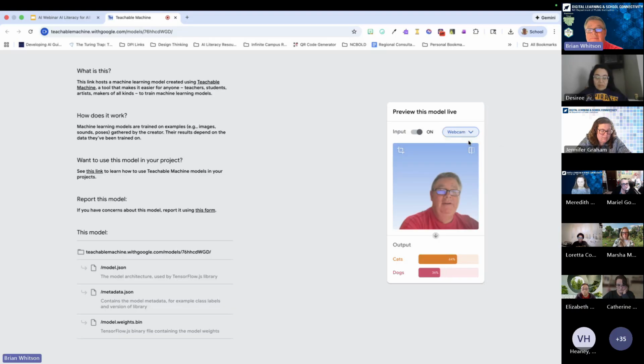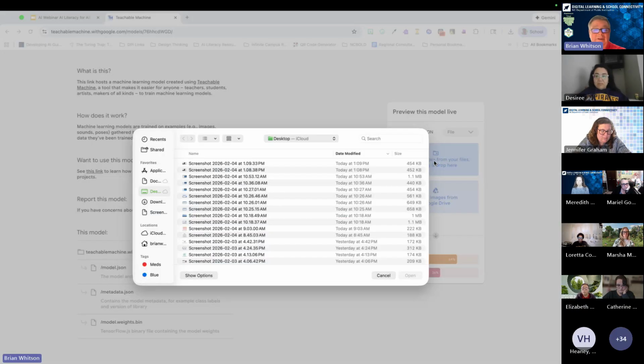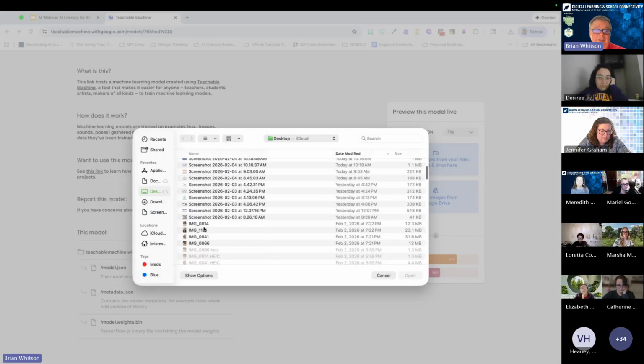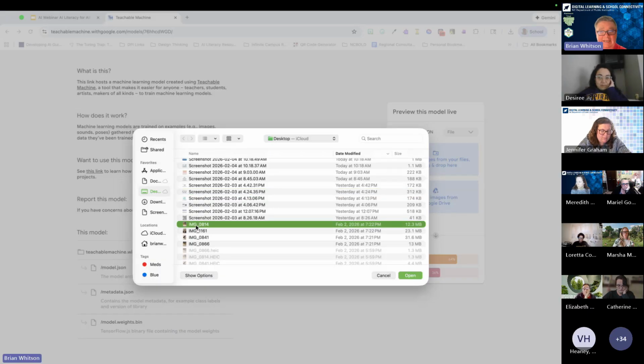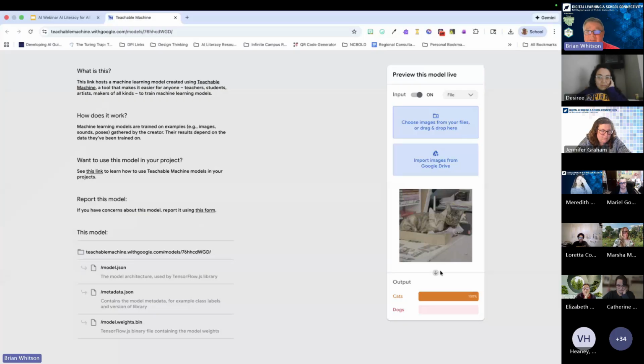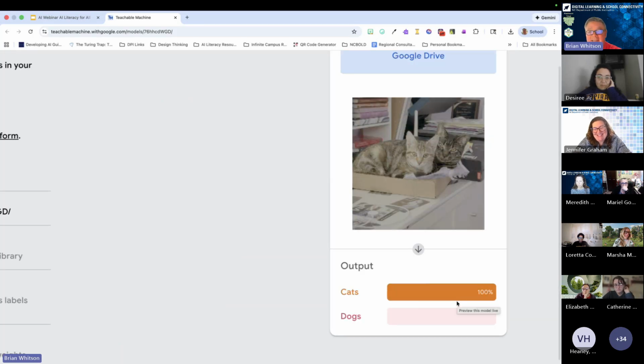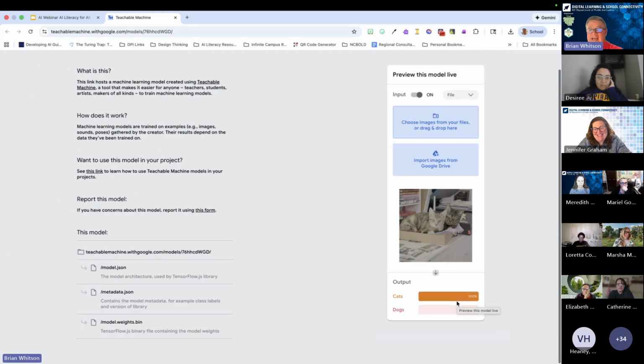You can also upload a file, so don't judge all these files. What I'm going to do is upload an image of one of my friends' animals, and it uploads that image, and it's classified this as 100% cat. So we can look at that and say the model's looking pretty good so far.